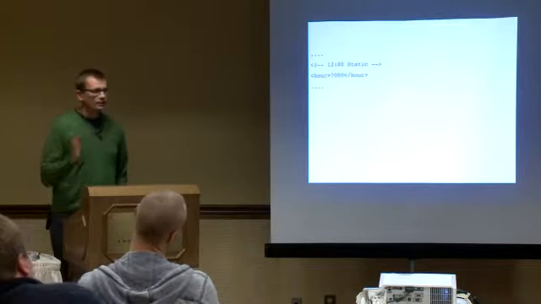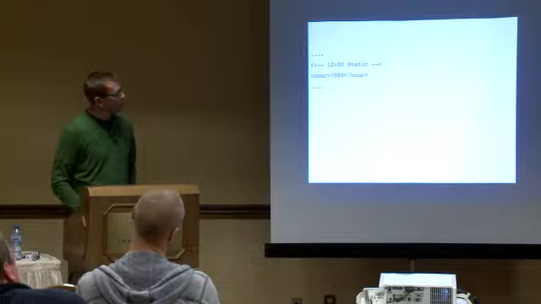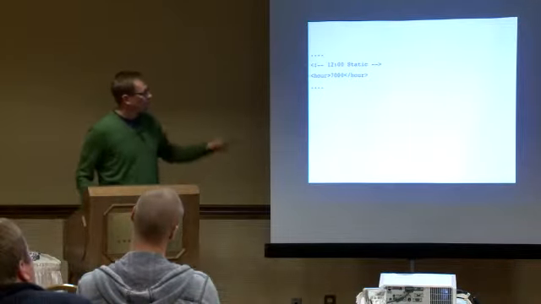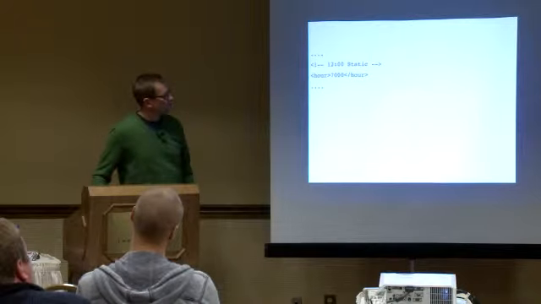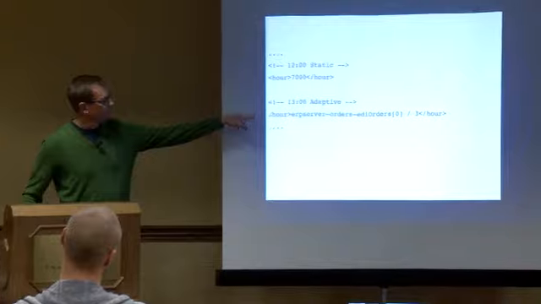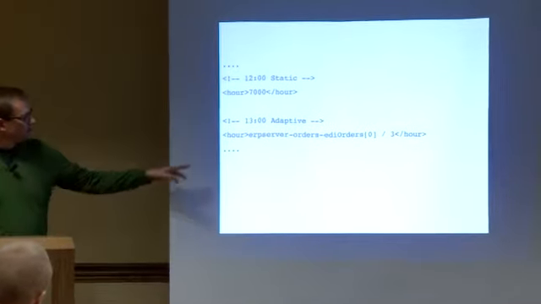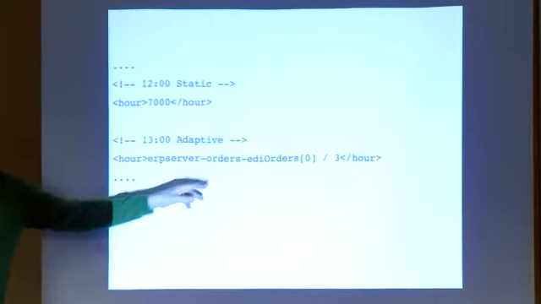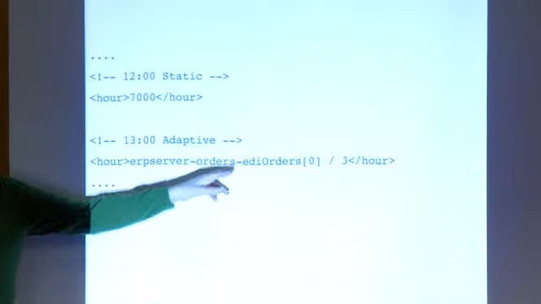I will not bother you with all the configuration, but just show you how it could look from a configuration point of view. For each hour you define, in this case you have a static value, 7,000. At 1 o'clock we define that we're retrieving from the host ERP server the service orders and the service item EDI orders.